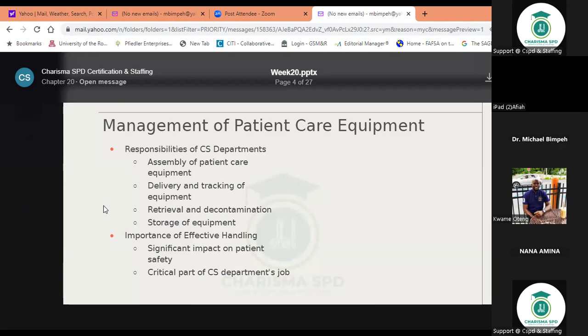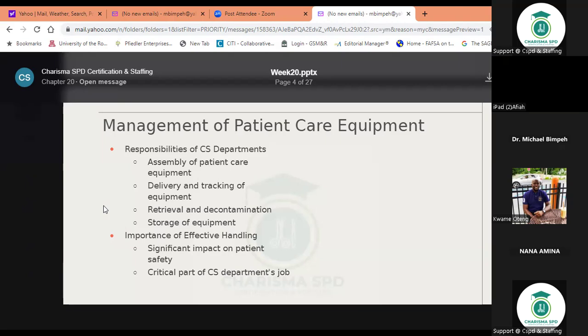So when we get those things in CS, Central Service, we have to decontaminate them. And then if we have to assemble them or put them together based on the IFU, we do that. And then if it is something that we have to keep in our storage, we keep it.